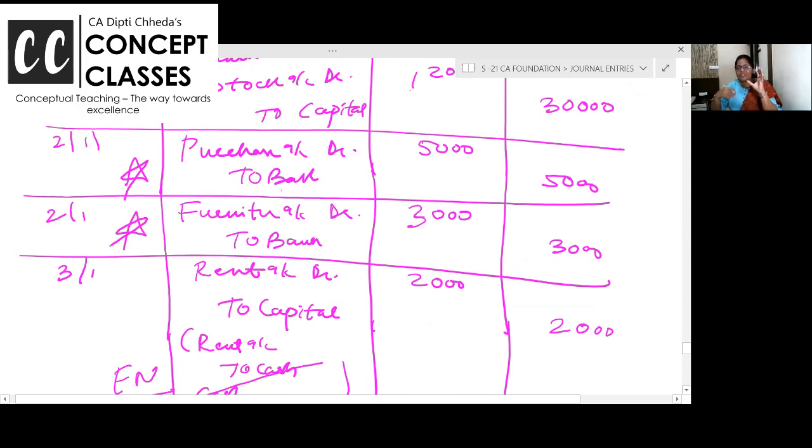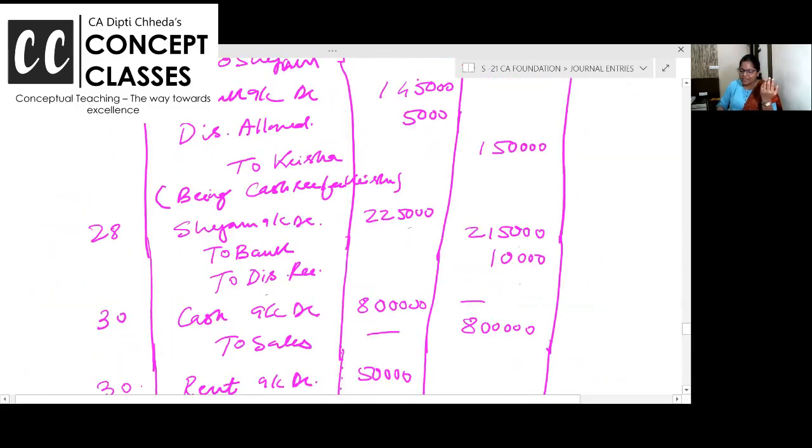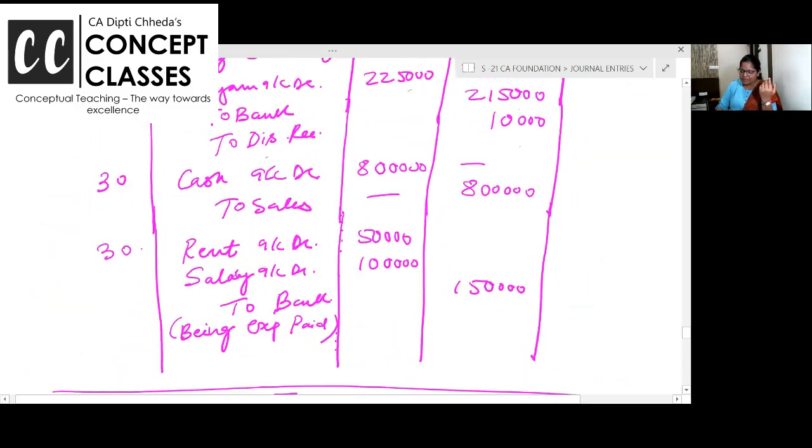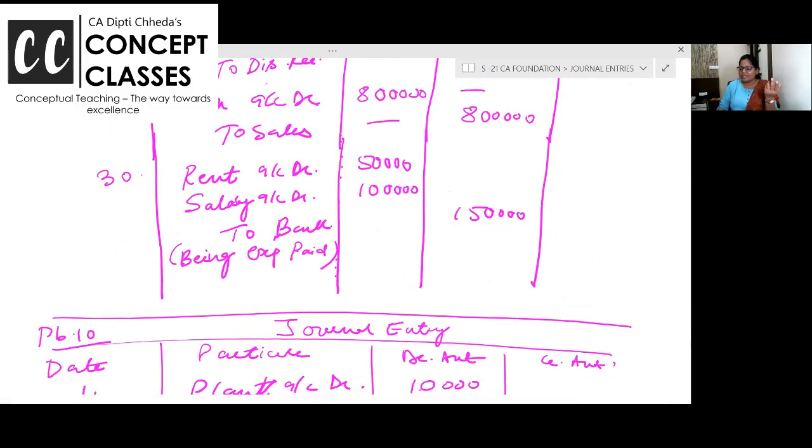If you purchase furniture for resale, purchase to buy. If you purchase furniture as asset, furniture to buy. What was the new thing you have studied in the last problem? Drawings and cash and advertisement and all that. So these problems are a superb variety. Just check it, do it.